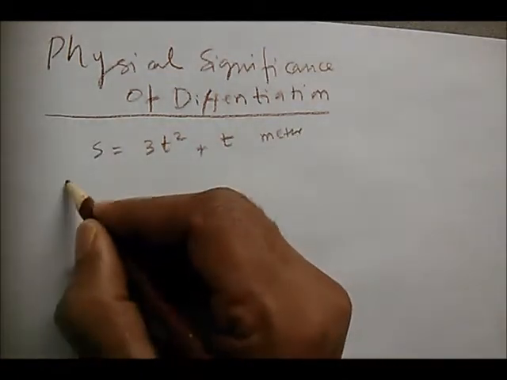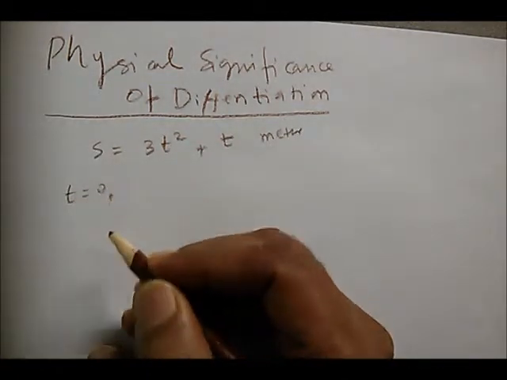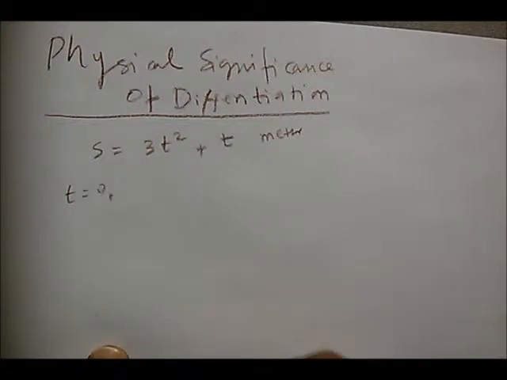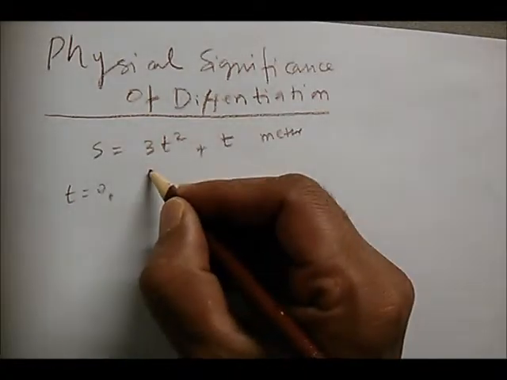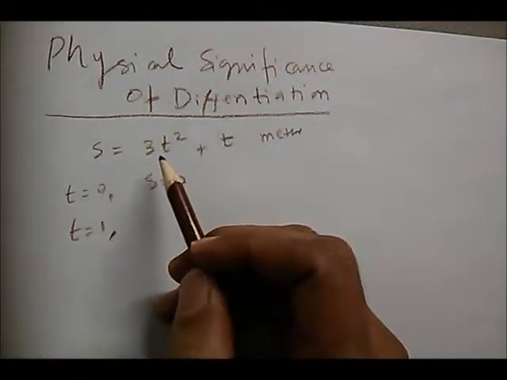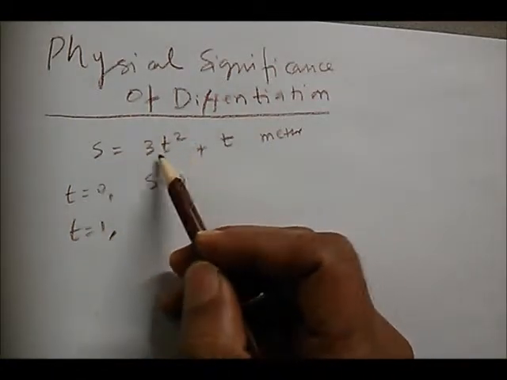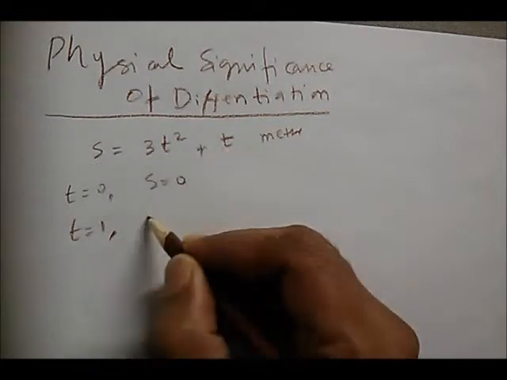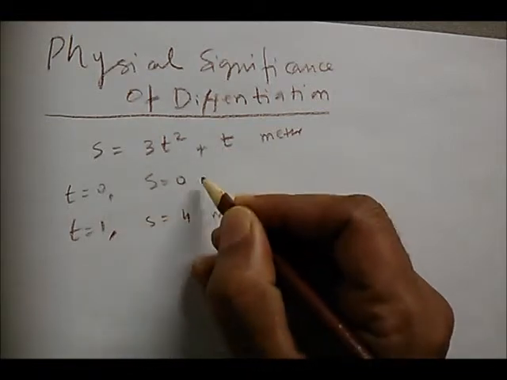So at time t equal to 0, the car is stationary, it has not moved, and the distance covered is 0. At time t equal to 1, the total distance moved is given by 3 into 1 square, 3 plus 1, s is 4 meters.